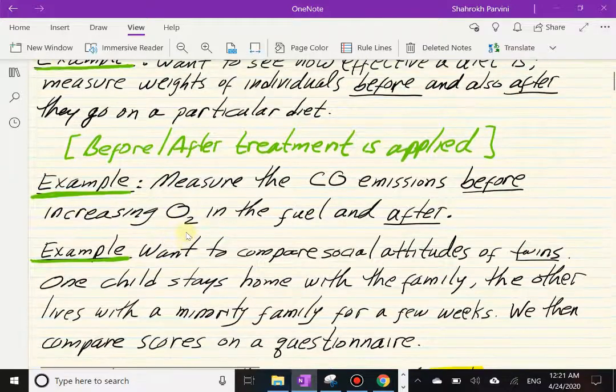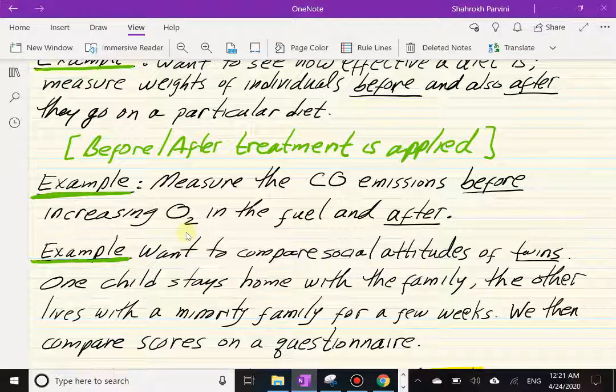And here's another example of paired experiments. Let's say we want to compare the social attitudes of twins. Oftentimes twins are treated as one experimental unit because, physiologically speaking, and more so for identical twins, they're very comparable, right? So in effect you can think of them as one unit, although there are two different people, but you can think of them as a paired group.